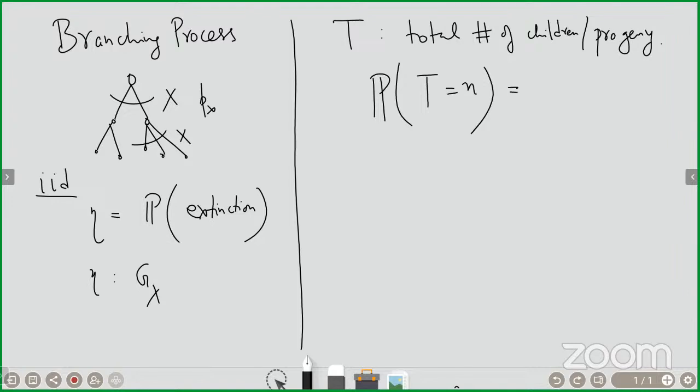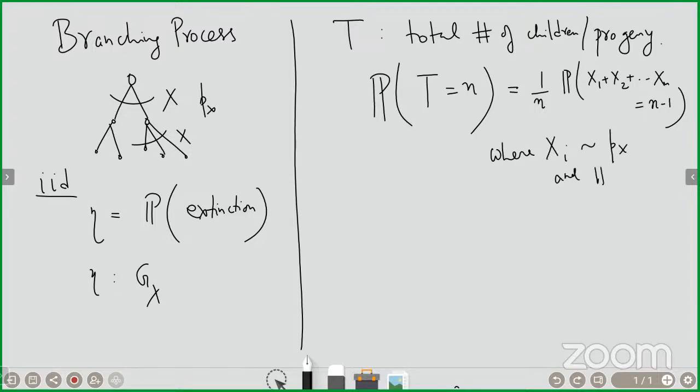We want to show that the distribution of T is nothing but 1 by n times x1 plus x2 plus up to xn, where the Xi are i.i.d. and independent. This is what we want to show.